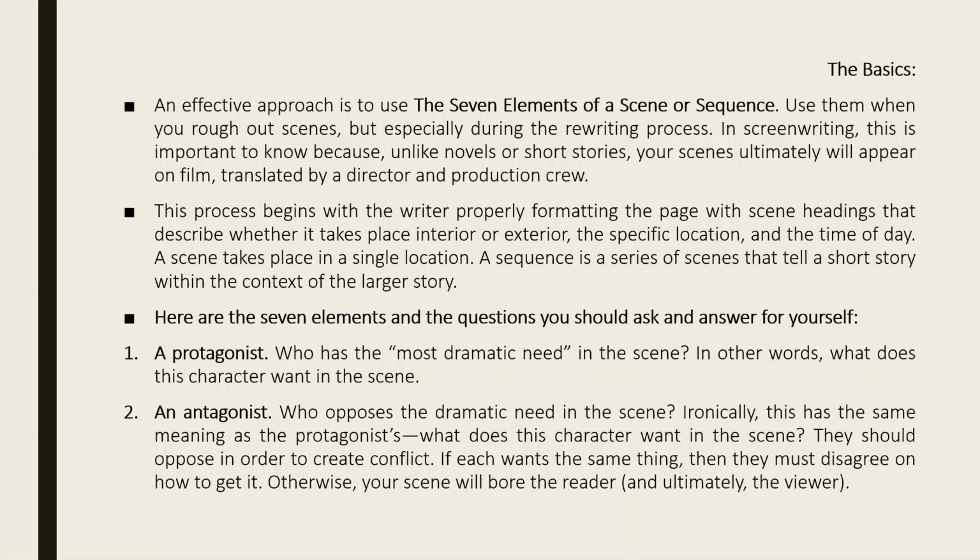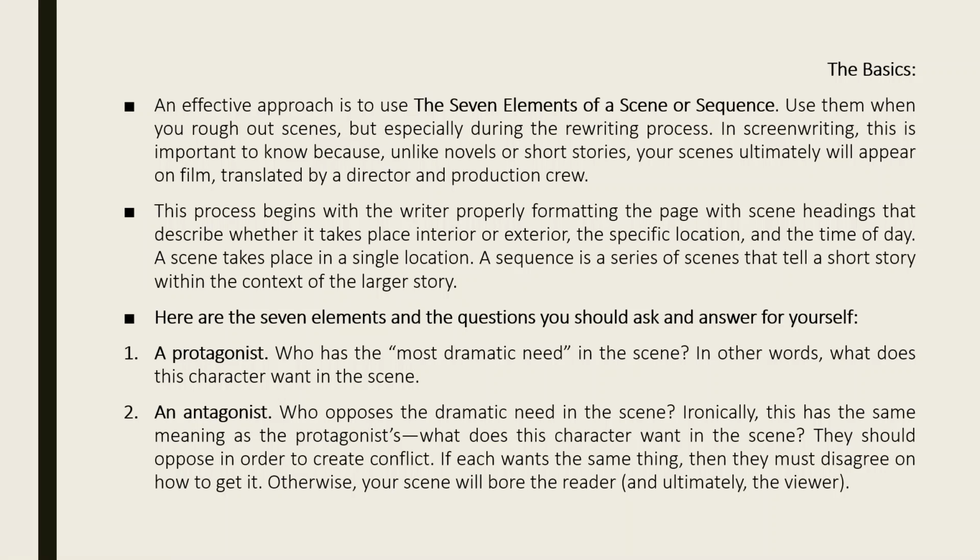Then the next part is an antagonist. Antagonist is the person who opposes the dramatic need in the scene. So that tension that is created has to be in opposition to whatever the protagonist needs.